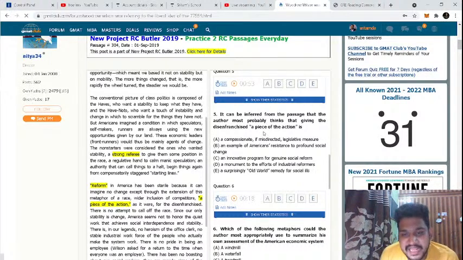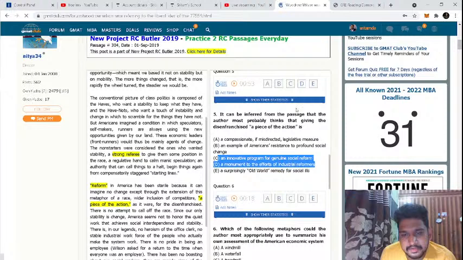Sorry. Okay. It can be inferred from the passage that the author most probably thinks that giving this piece of action is compassionate if an innovative program for genuine social reform. What was that option C?